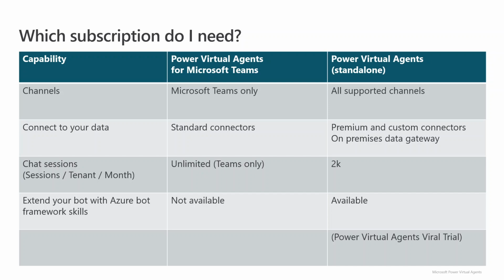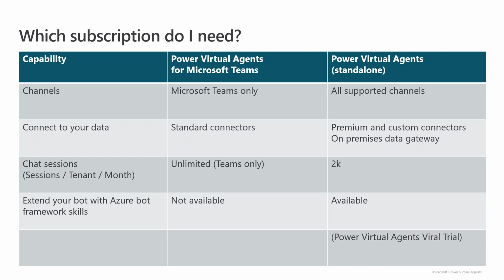So Power Virtual Agents for Teams is very much a playground or a way to build simple solutions for servicing particular parts of the business. If you want to build a more enterprise level or a strong customer service centric Power Virtual Agent, then this is where you'd need to buy the license.